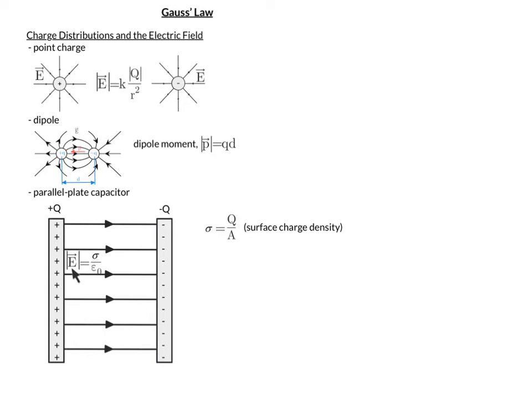Now the electric field between the parallel plates of the capacitor is given by sigma over epsilon naught. Sigma is called surface charge density, so it is the charge on one plate divided by the area of one plate.